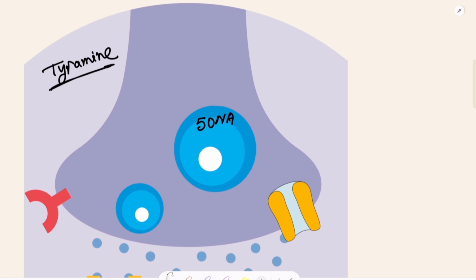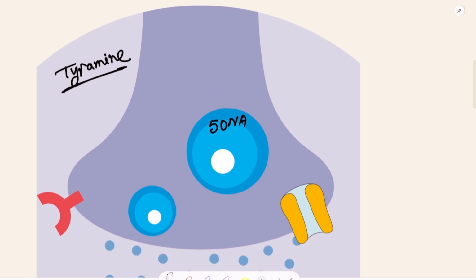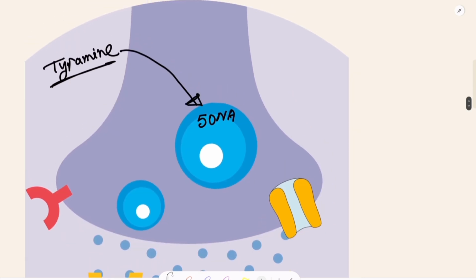Normally, all of them are neurotransmitter. If we give a drug like tyramine, which has the ability to enter into the vesicle, suppose we give 25 molecules of tyramine in our first dose. So what will happen? These 25 molecules of tyramine will enter into the vesicle.